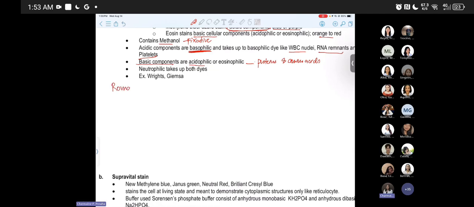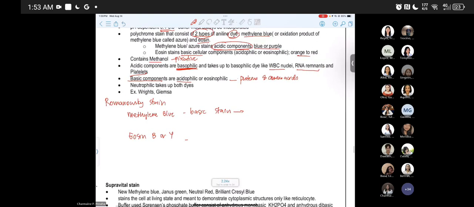The Romanowski stain has methylene blue and eosin stain. Eosin stain is otherwise known as eosin B or eosin Y. Methylene blue is a basic stain for acidic components such as DNA and RNA.